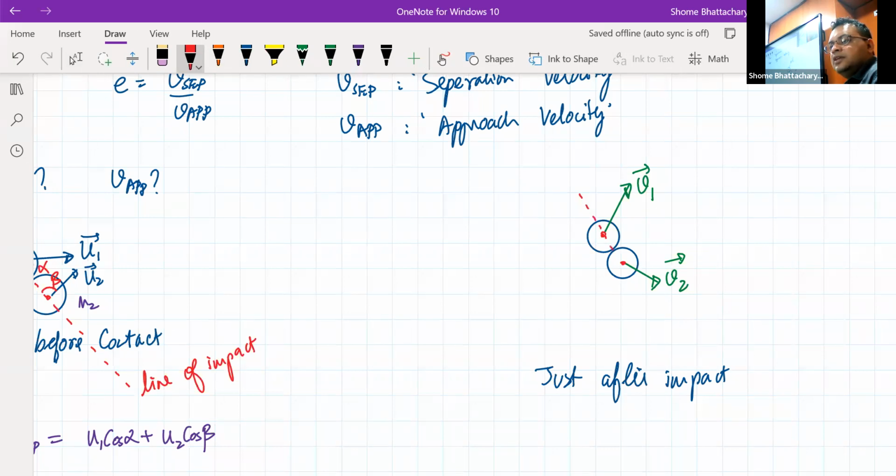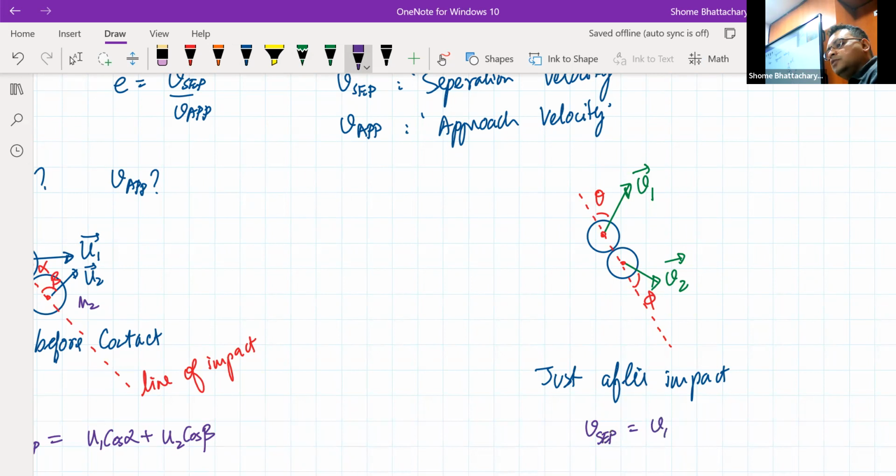So this time you will see that they will have components which carry them away from each other's center instead of towards, because they're separating now. They're moving away. So let's say this angle is theta, suppose, and this angle is phi. So now in this diagram, just after impact, we can see that the separation velocity will become the sum of the components going away from each other.